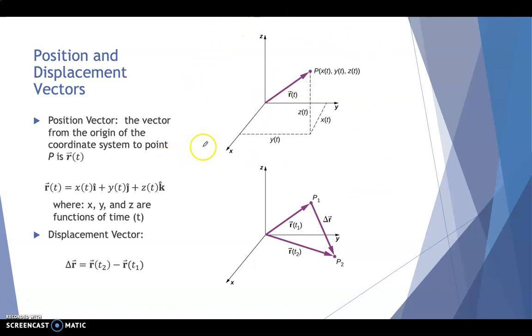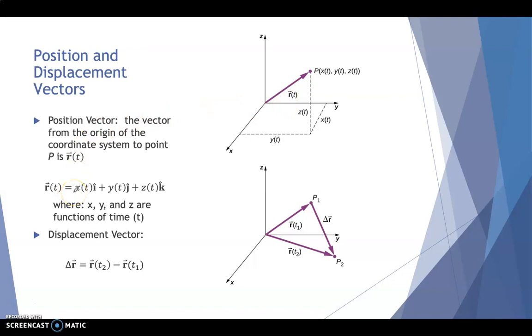So we have our 3 dimensions here, x, y, and z. This is typically how we will set it up. And if we have some point P, our vector will be from the origin to that point. So it'll point towards the point, and that will be our position vector, okay?